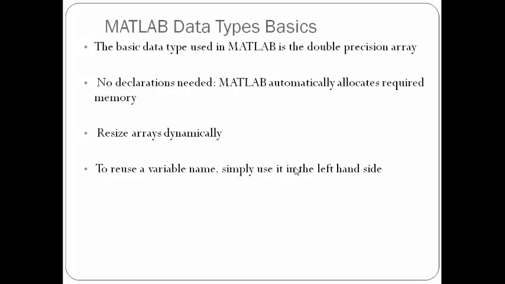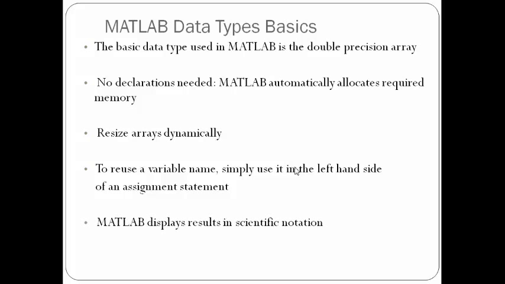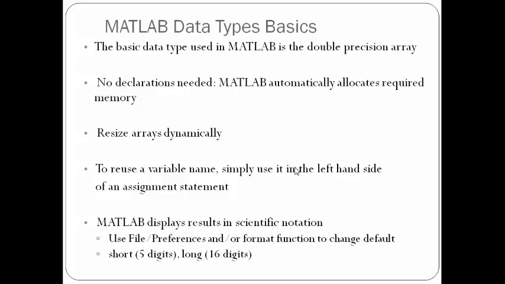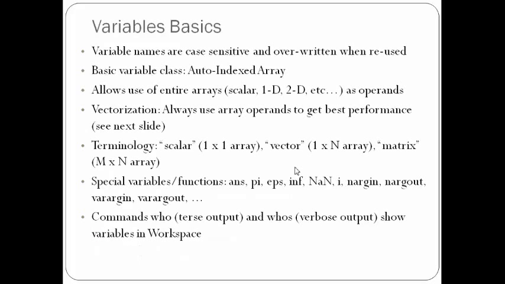To reuse a variable name, simply use it on the left hand side of an assignment statement. MATLAB displays results in scientific notation, E notation. Use file preferences and the format function to change the default. For example, short is written in 5 digits, long in 16 digits.